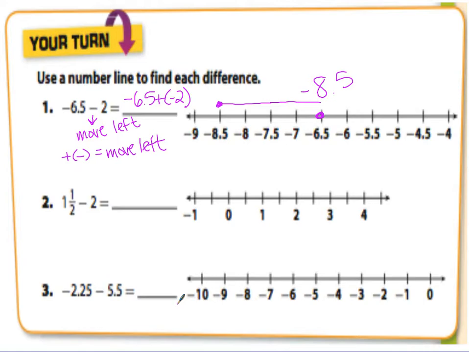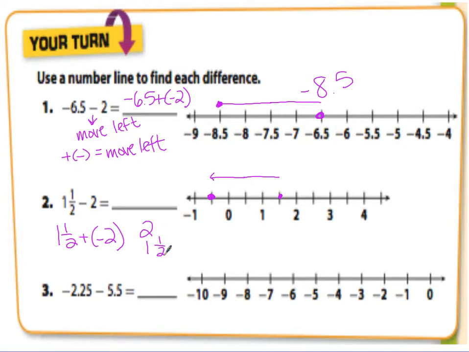Again, 1.5 minus 2, I should get negative 1/2. Again, 1 and 1/2 plus a negative 2 tells me to do the same thing. It tells me to go to the left. So I can change it to plus a negative because plus a negative also tells me to move left, and I can use my addition rule.